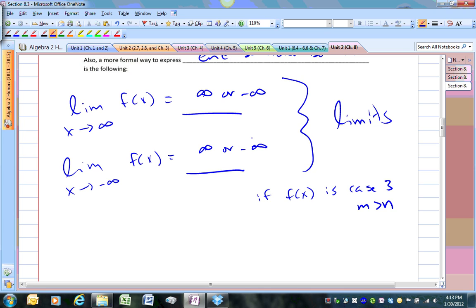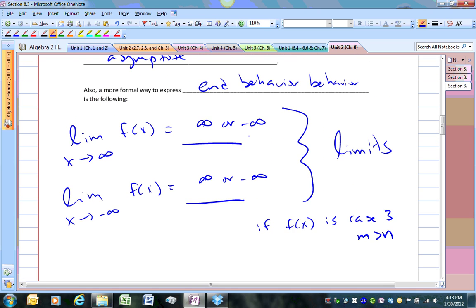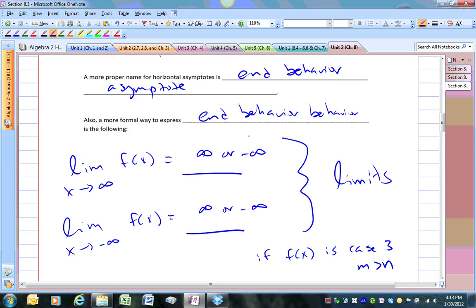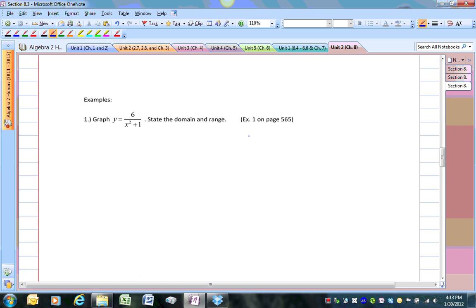In either case, it all depends on the sign of your leading coefficient, whether it's positive or negative. We'll talk about that in more detail when we meet during block 1. But that's a more formal way of writing it. This might be a little confusing, but when we do some examples and you do some practice in class, it will make more sense.